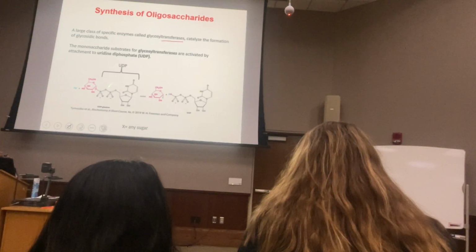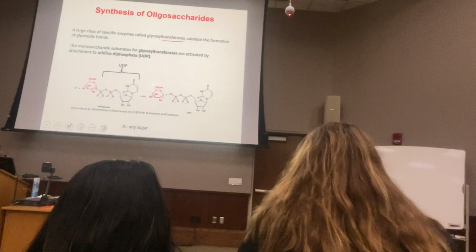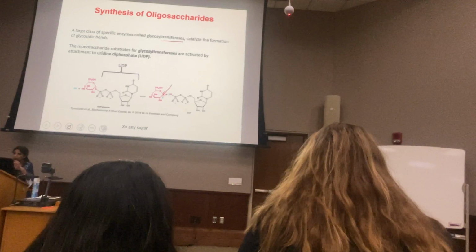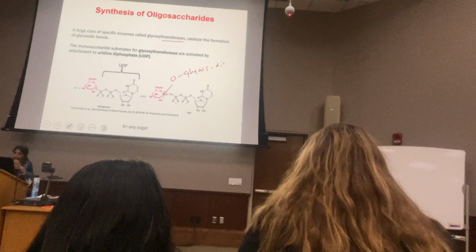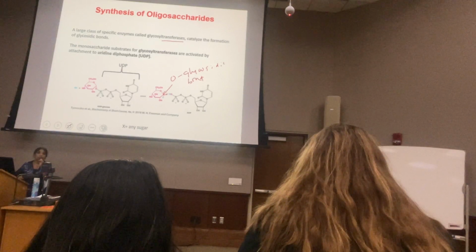And when it's coupled, the transferase enzyme is going to transfer this sugar to another sugar X, any sugar, and you create that linkage. And that linkage again is going to be your O-glycosidic bond, between the two O's.